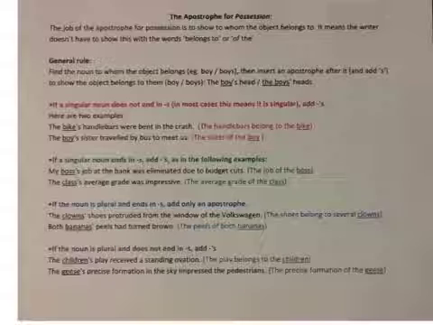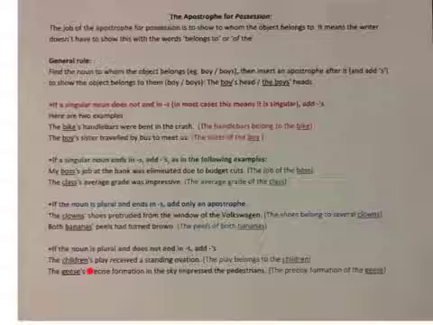And lastly, if the noun is plural and does not end in s, then you add apostrophe s. For example, the children's play received a standing ovation. Well, the play actually belongs to the children, but children is plural, so you know it's more than one child.